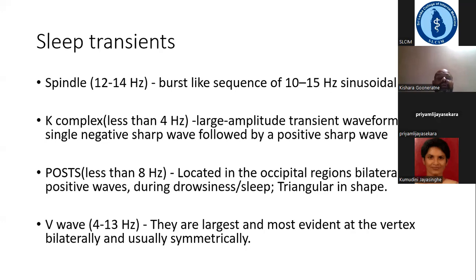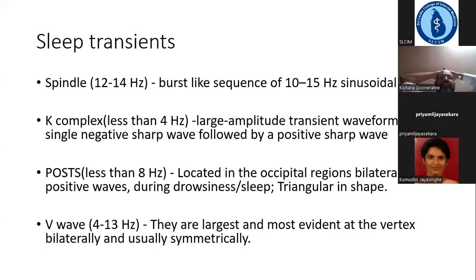So there will be a single high amplitude negative or upward deflection followed by a positive sharp wave, which is a downward deflection. I'll show you what these sleep transients look like in the following slide. K complexes and spindles are generally found in the second stage of sleep, or N2.